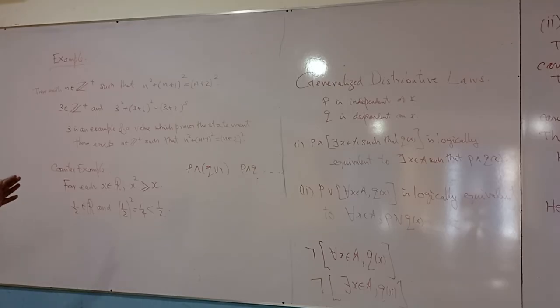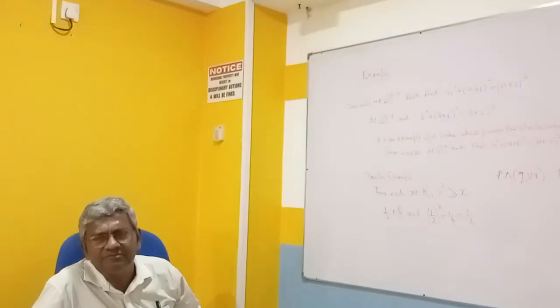I am asking you how to prove, for each simple x belongs to capital X, simple P of simple x. How do we prove that? Say a direct proof. Assume that x belongs to X is arbitrary.